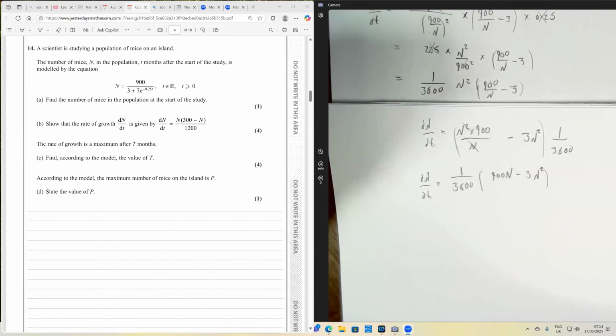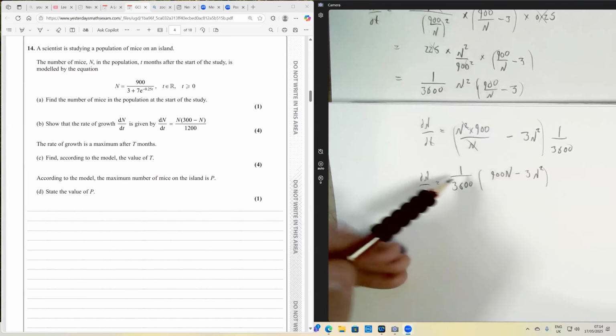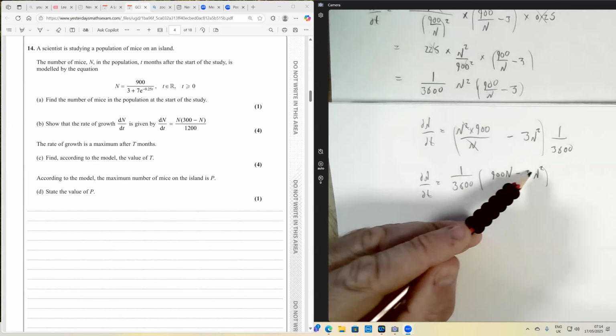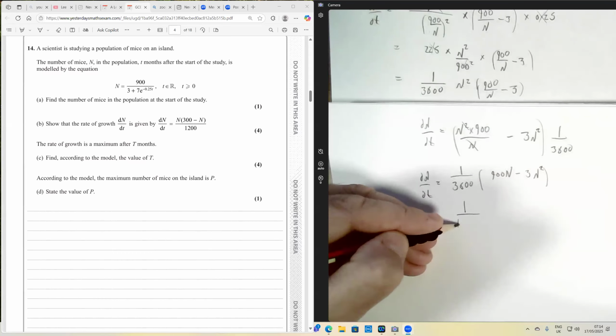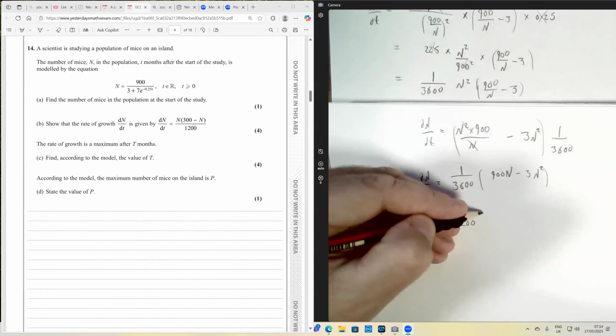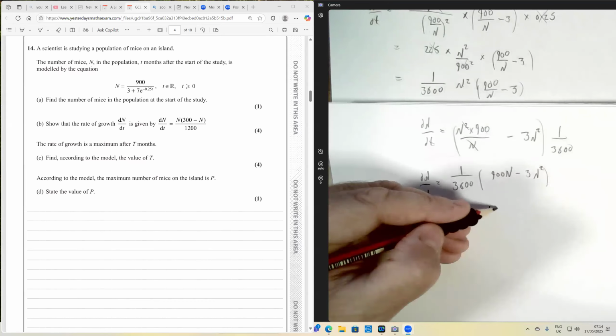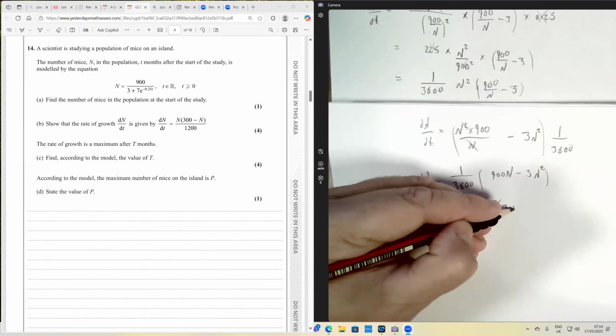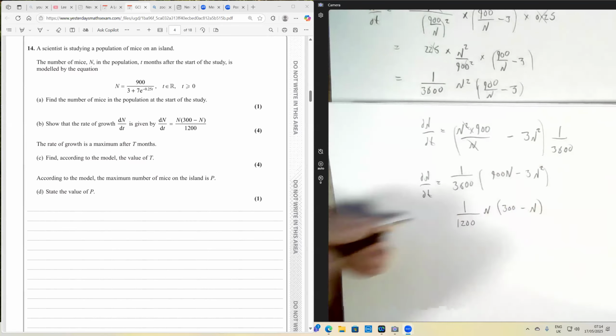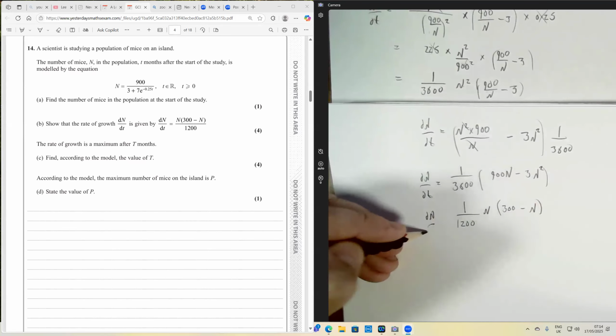There is a common factor of 3 in all of the terms. Okay, so if I divide that by 3, divide that by 3, divide that by 3, then I get 1 over 1,200. I'm going to take out a common factor of n as well, and that leaves me with 300 minus n. Okay, so we've now got our expression.